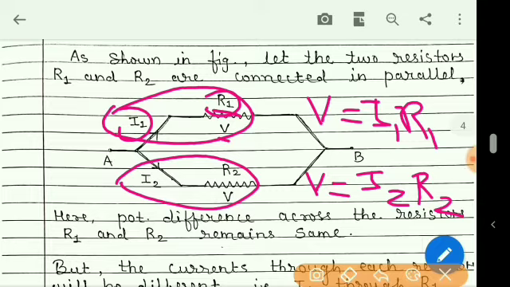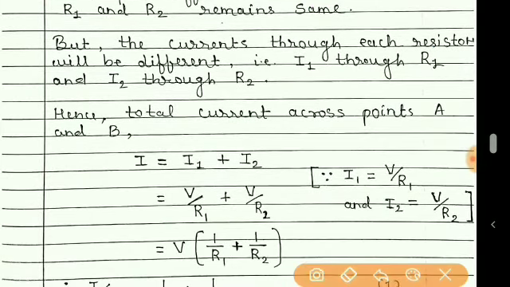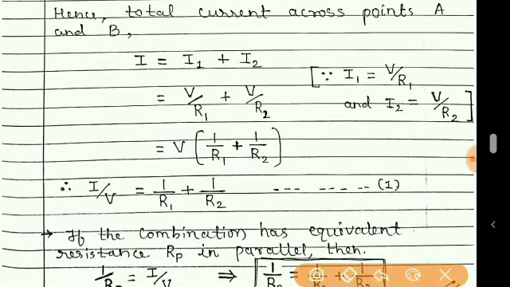If we make I1 the subject here, then I1 = V by R1. Similarly, if we make I2 the subject here, then I2 = V by R2. So we have done the same here: I1 = V by R1, I2 = V by R2, and putting these values here. What is common? V. So taking it out, we get V(1/R1 + 1/R2).